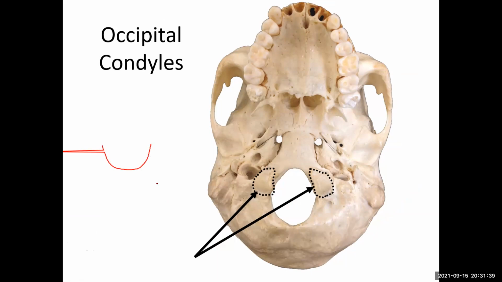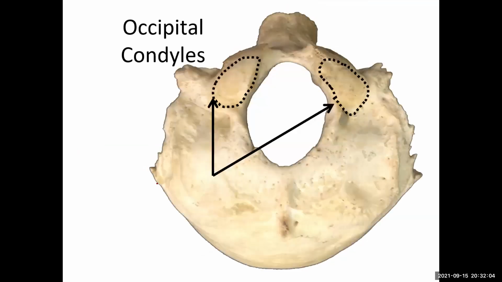And so these rounded, smooth bumps, we call those occipital condyles. And it's these occipital condyles that are going to articulate with the first vertebra, the first bone of your neck. It's called the atlas or C1. We'll see that later on. The occipital condyles make a joint with that first bone.